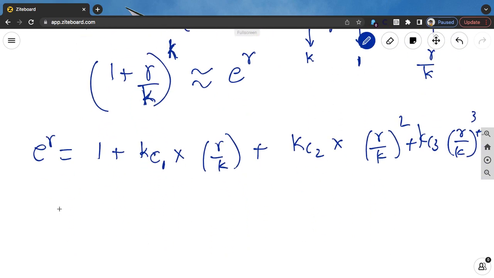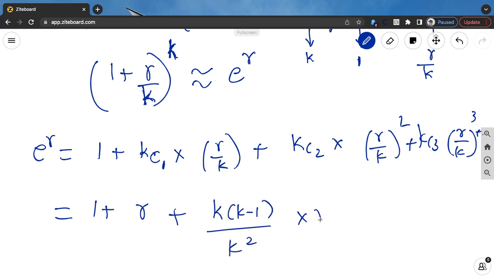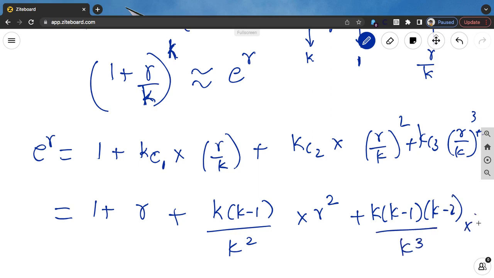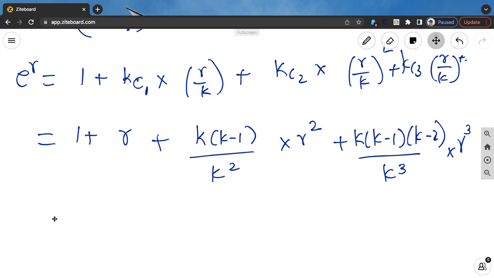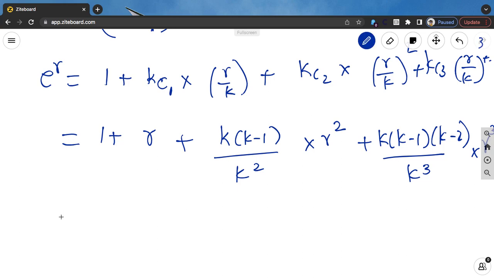When we expand, the k and k get cancelled: 1 plus r plus k into (k minus 1) upon k square into r square plus k into (k minus 1) into (k minus 2) upon k cube into r cube, and so on. When k becomes very, very large, that's what we want to find out. What happens to this?